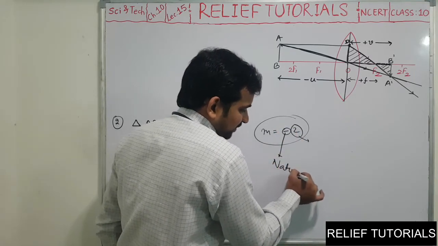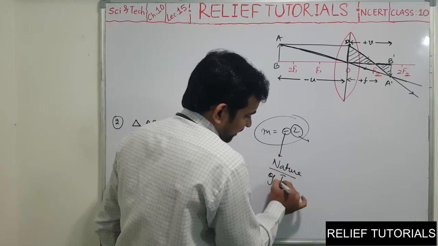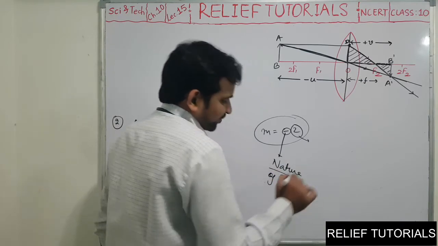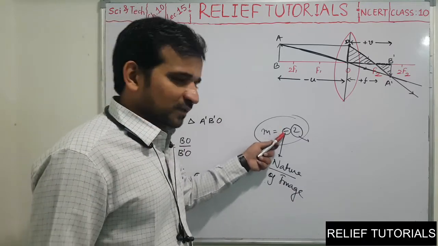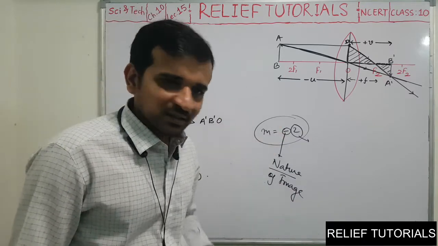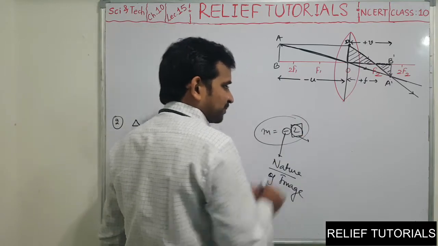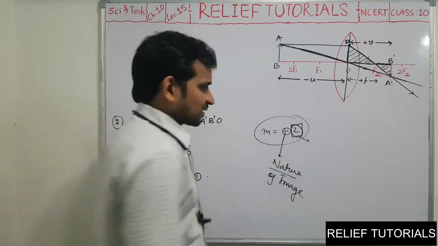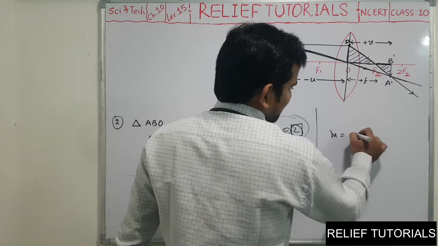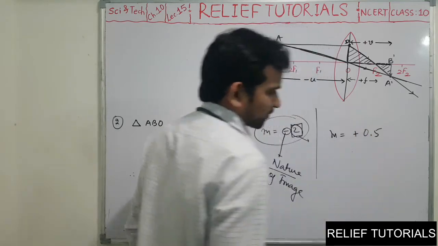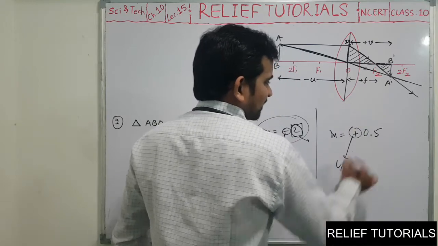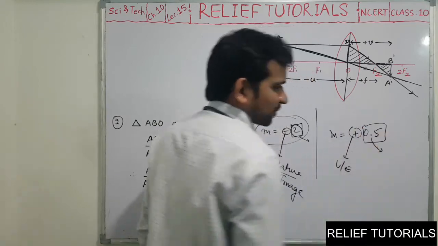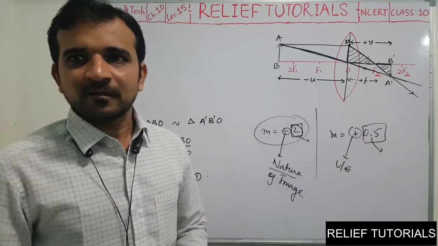Remember, minus represents the nature of image. Minus means real and inverted, and plus means virtual and erect. This 2 means image is 2 times larger. If I say magnification is plus 0.5, so plus means virtual and erect, and 0.5 means image is half than the object.